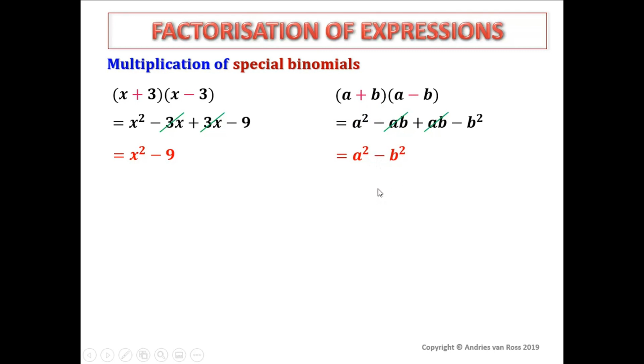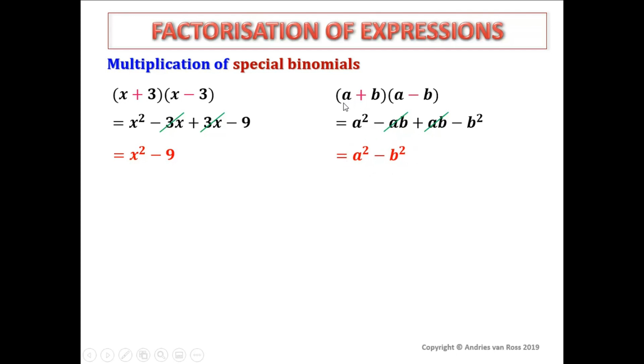Very, very interesting. So we see these special binomials: two binomials that look the same, but one has a plus and the other has a minus separating the terms. When you multiply them out, without going through all the multiplication and simplification, you can already know what the answer will be.